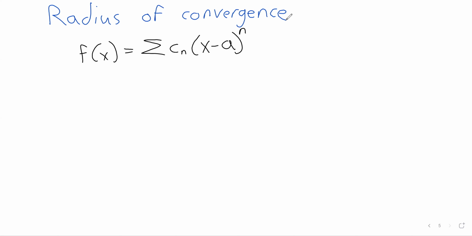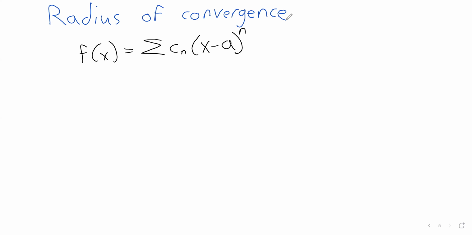This power series can converge or not, depending on what x is. We saw that with our preliminary example. It converges if x is less than 1 in absolute value, and it diverges otherwise.